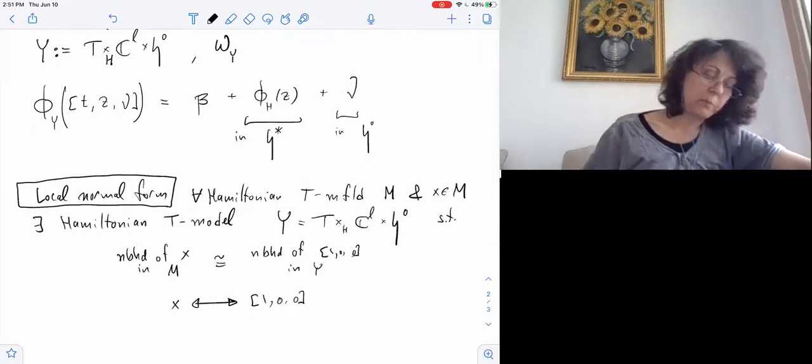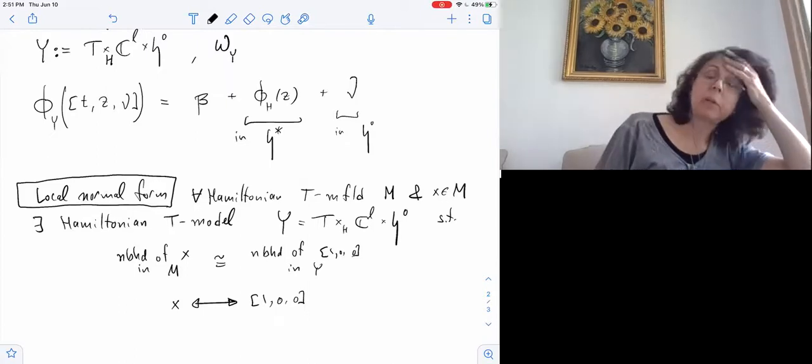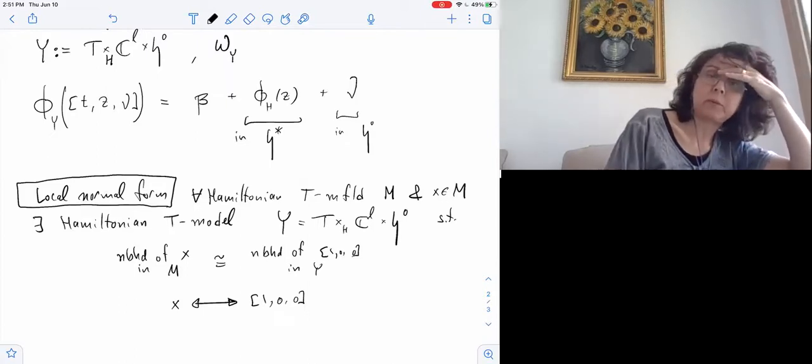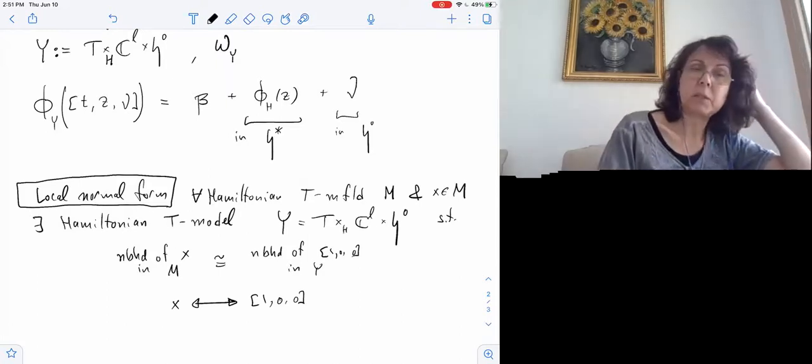And isomorphism here means equivariant symplectic isomorphism that intertwines the momentum maps. Intertwining the momentum maps is a very mild condition here. The momentum map is determined by the action up to translation.